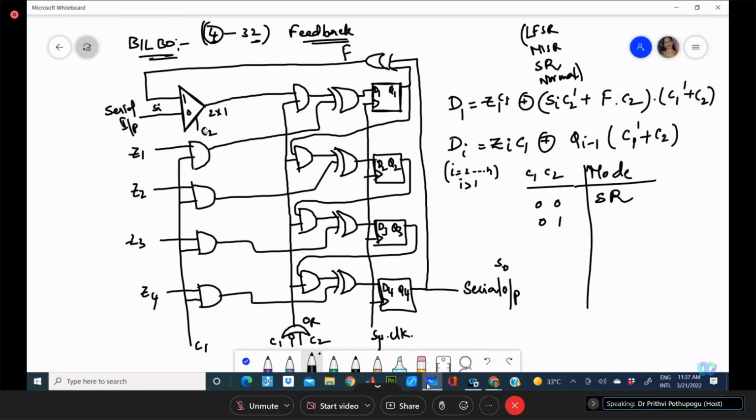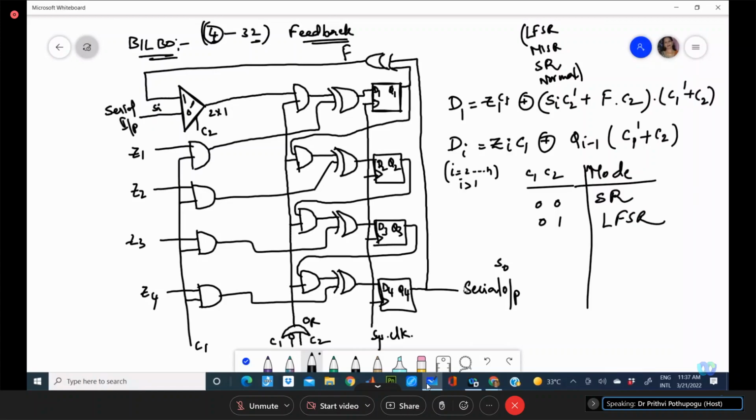C2 is 1 will be choosing the feedback path. So when the feedback element is there, with an isolated Z connection, it is a simple signature generator. So that is a linear feedback shift register.